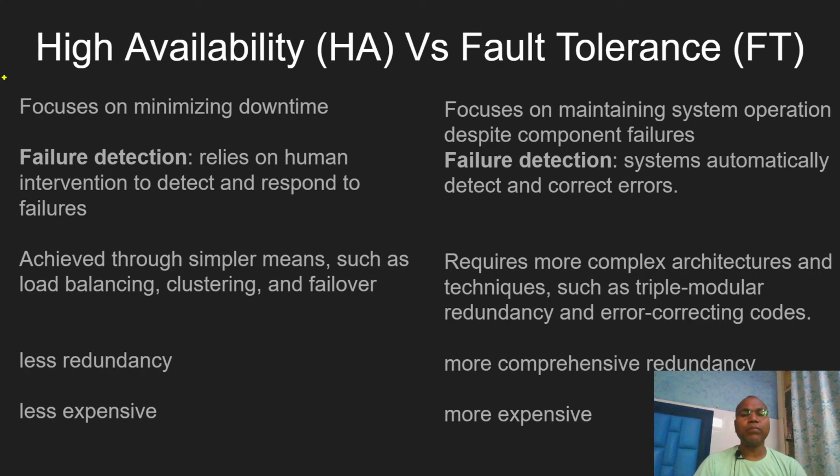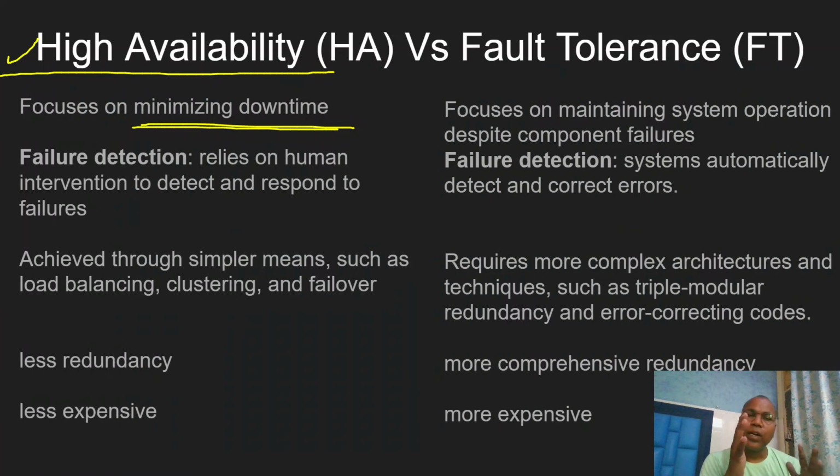In more detail, the objective of a highly available system is minimizing downtime. The main focus of HA is that the system goes down as little as possible, maintaining the system as always operational even if some component fails. In the fault tolerant case, if a failure happens, the focus is that the system must still operate.